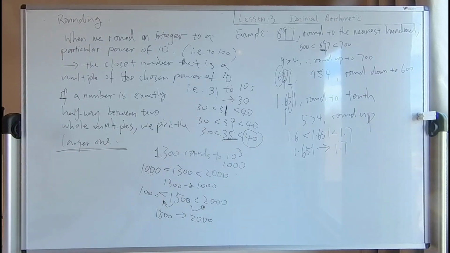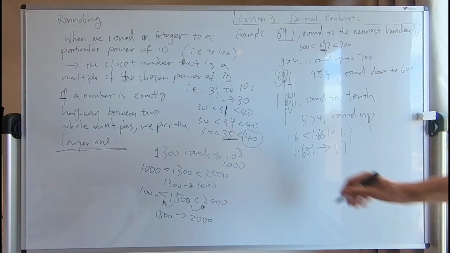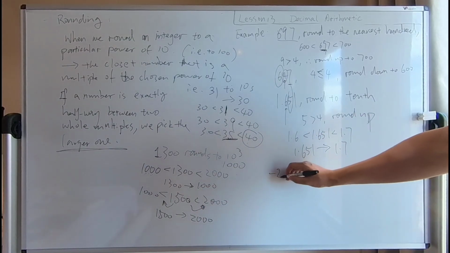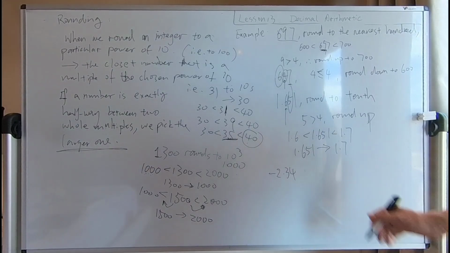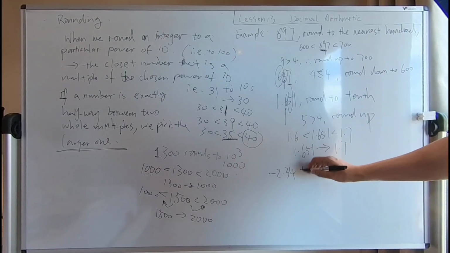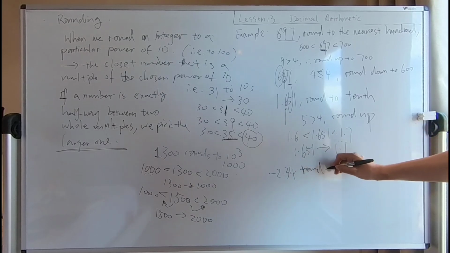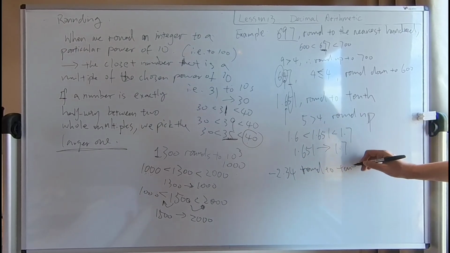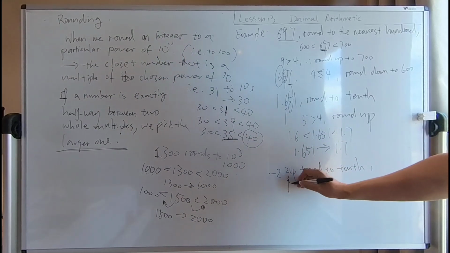Now, the tricky part or the special case is for a negative number. We always say that you need to round to the larger one. So when you have a negative number, for example, negative 2.34, and you want to round to the tenth decimal here.